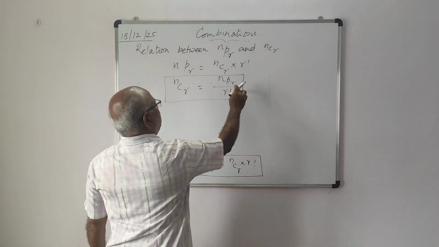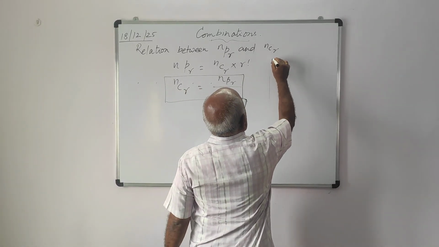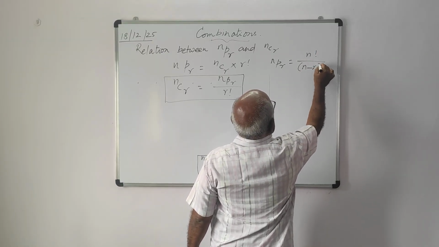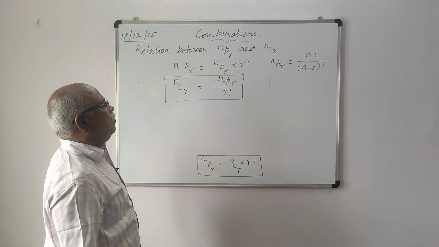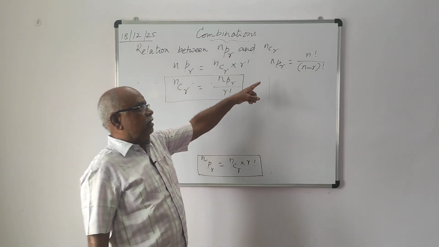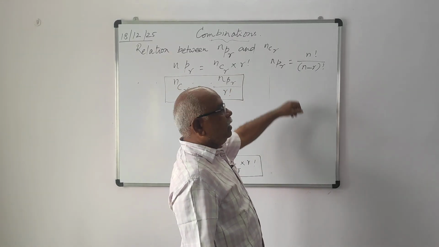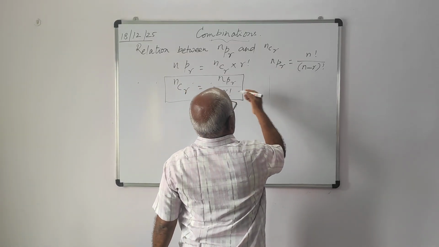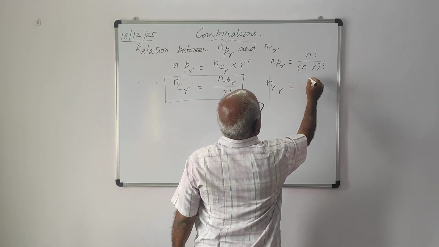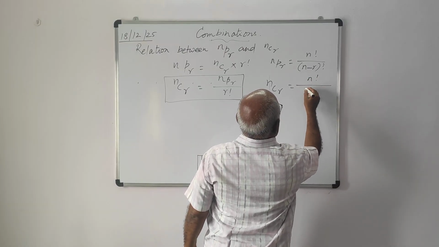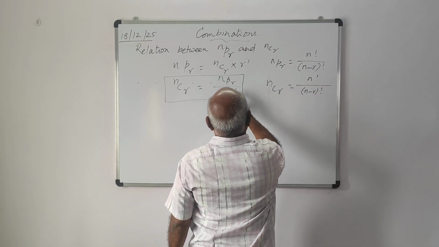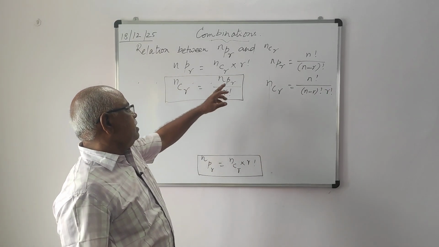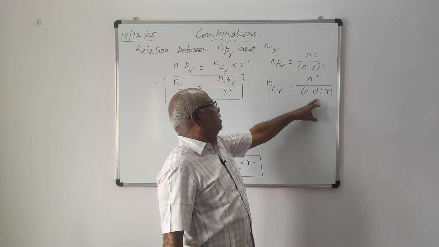So nCr equals nPr, and nPr is n factorial by n minus r factorial; we know the result for nPr. We derived that also in the topic permutation. So if you divide by r factorial, nCr equals n factorial by n minus r factorial, divided by r factorial. That's all. So nCr equals n factorial by r factorial into n minus r factorial.